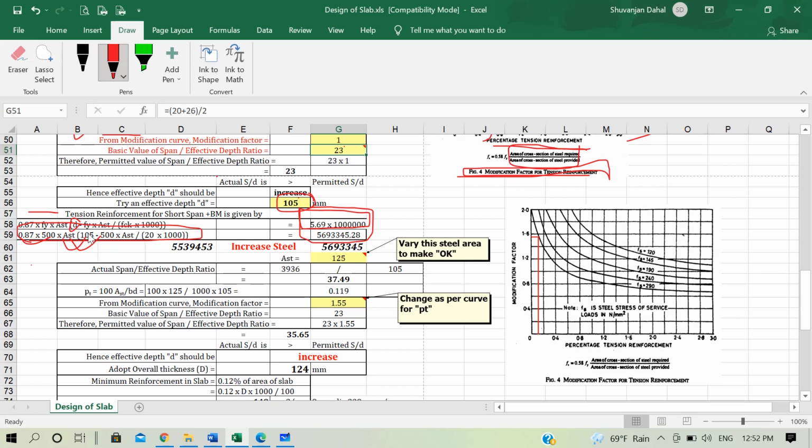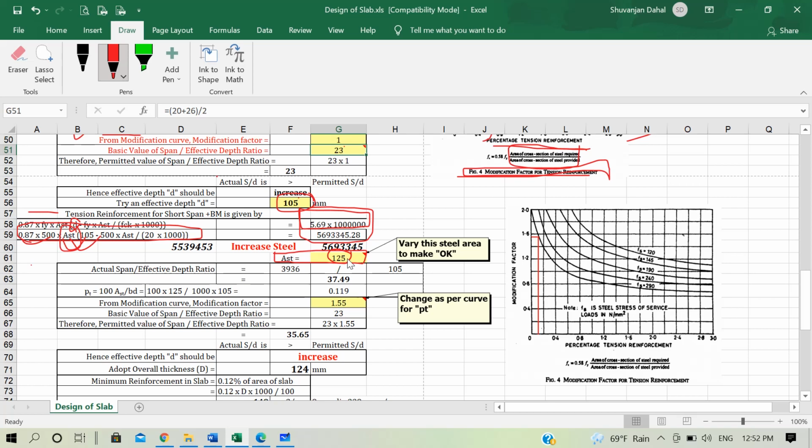And how can we vary the capacity? Our only factor that is left to be varied is AST, or steel reinforcement. So here I have a counter, some sort of a counter here. You insert the value of AST here until this capacity is greater than or equal to this bending moment.